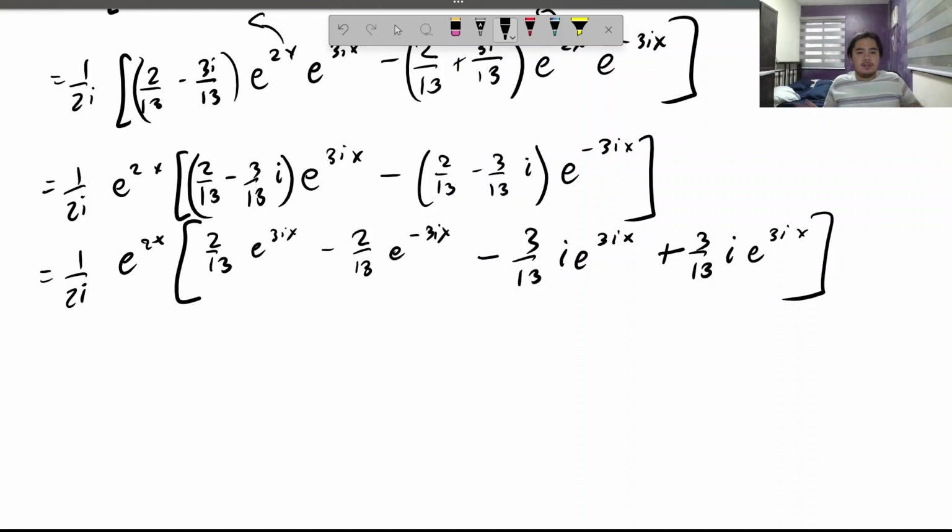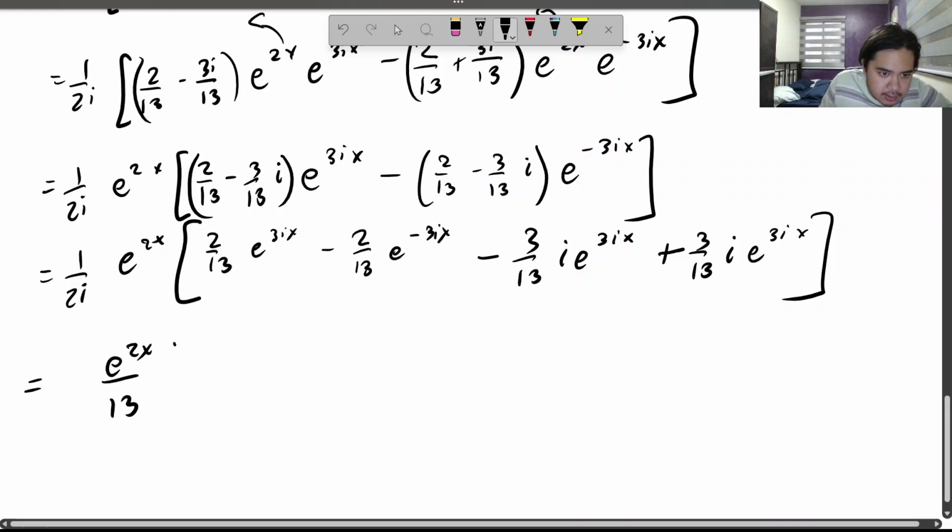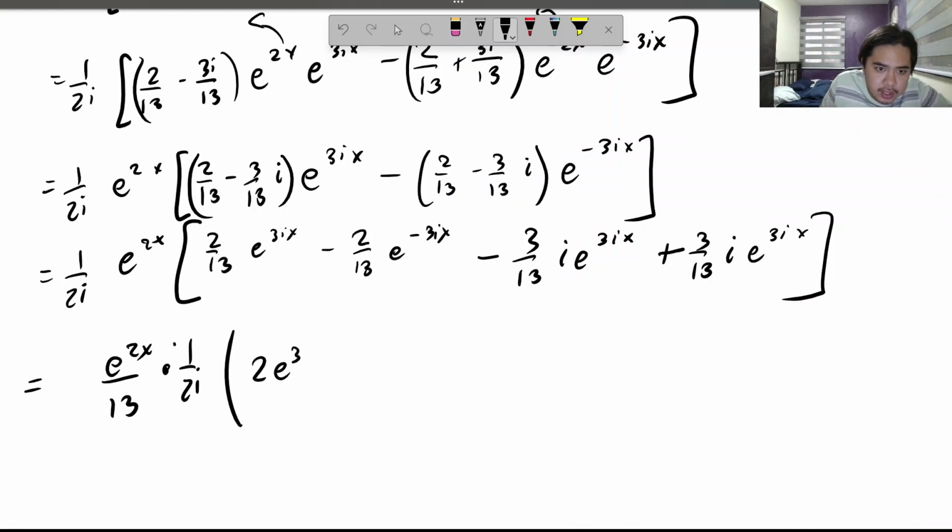Okay. So something's growing out, right? Especially the 13 over there. Let's put it outside. And then let's put 1 over 2i closer to where we want it. So now it's 2e to the 3ix minus 2e to the negative 3ix.